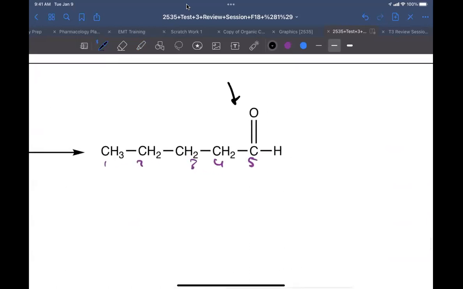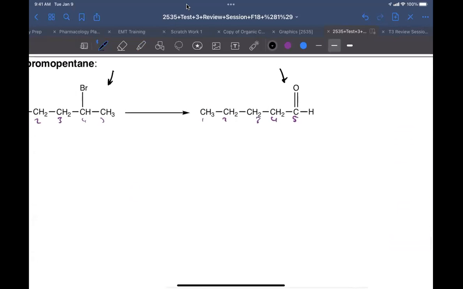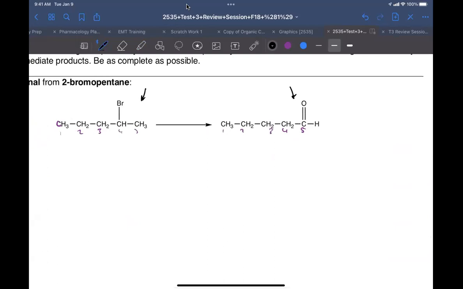Well, if our final target molecule is an aldehyde, what's the one reaction we know that can make an aldehyde? Right now, there's only one we know of.